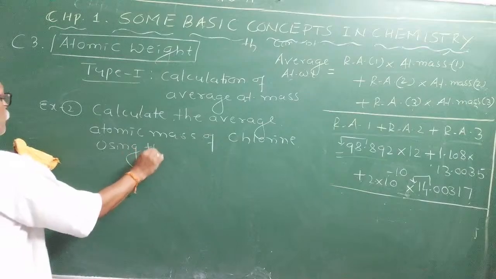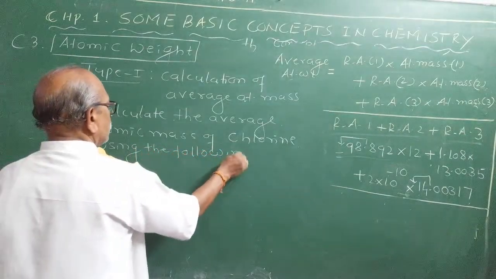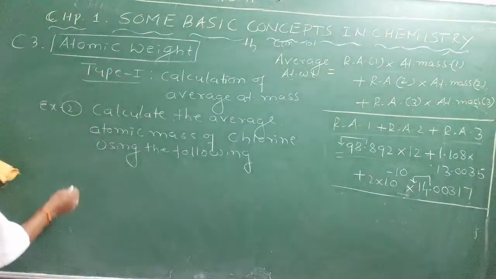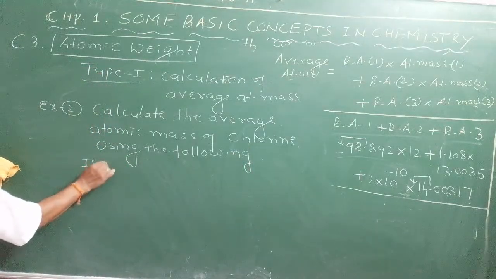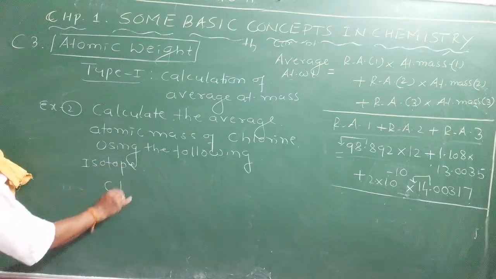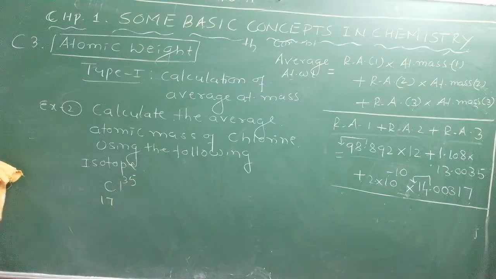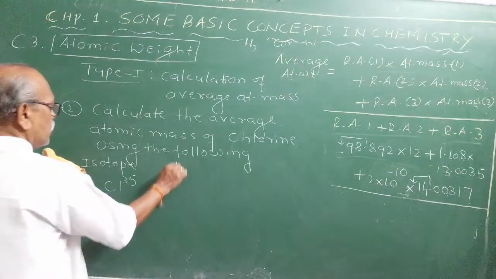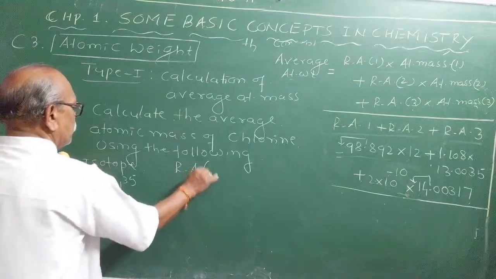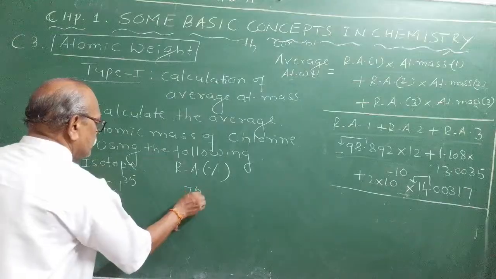This is the first type of problem that appears for 2 marks. Here you can write isotope. Chlorine 35, atomic number of chlorine is 17, atomic mass is 35. Its relative abundance in percentage they have given is 75.77.